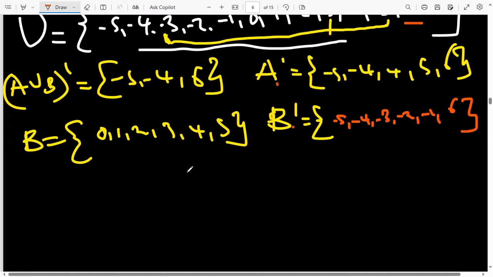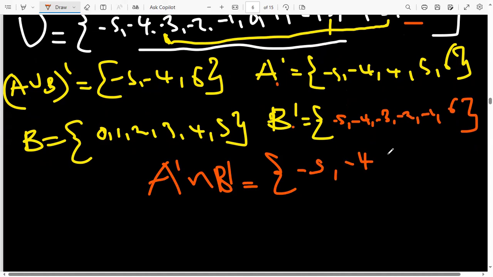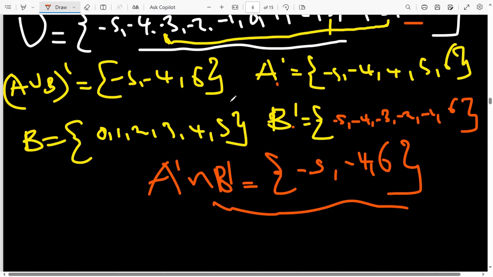Now let's find our A complement intersection B complement. So we're just getting elements that are common to both these two sets. We can see that the -5 is common, the -4 is common, and the 6 is common. Okay, so now ask yourself, is this set equal to this set? We can see that they are equal, right?